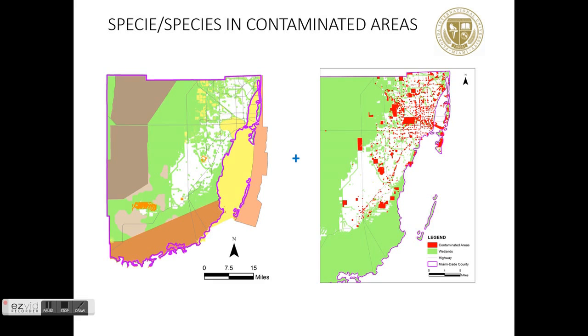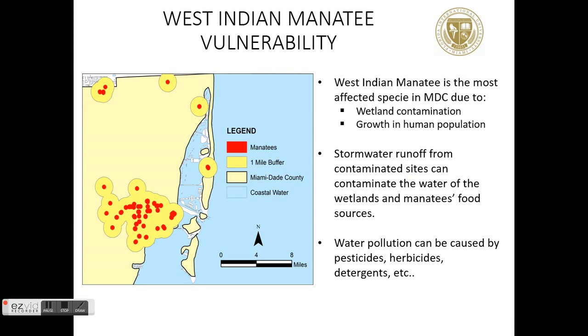Based on the spatial analysis, it was determined that the critical species that habitats the contaminated wetlands in Miami-Dade County is the West Indian manatee. As shown in the image, these areas are located on the northeast side of the county.